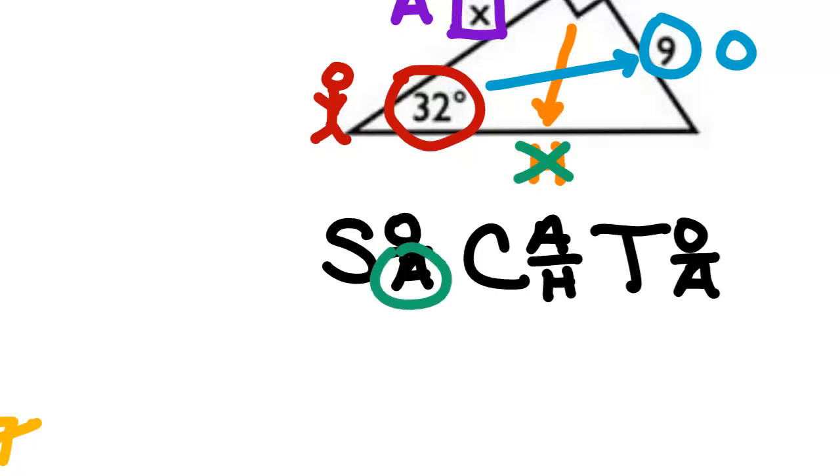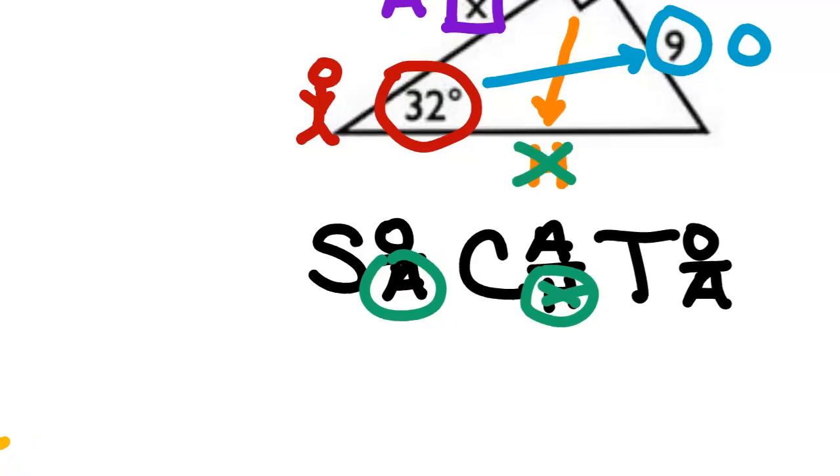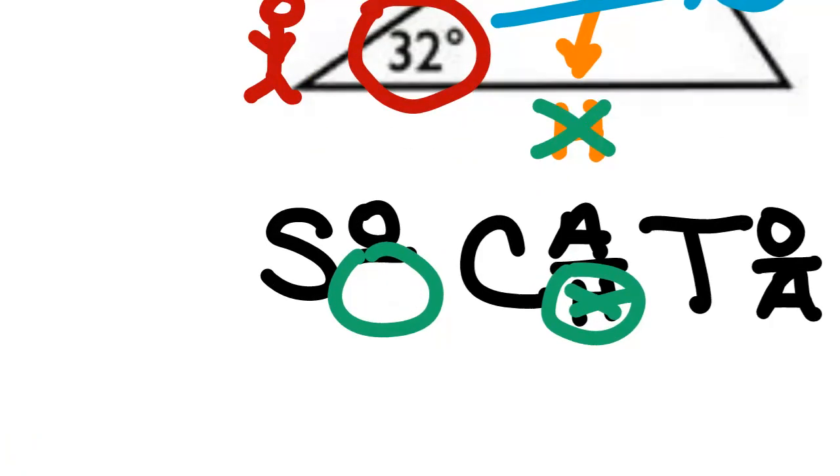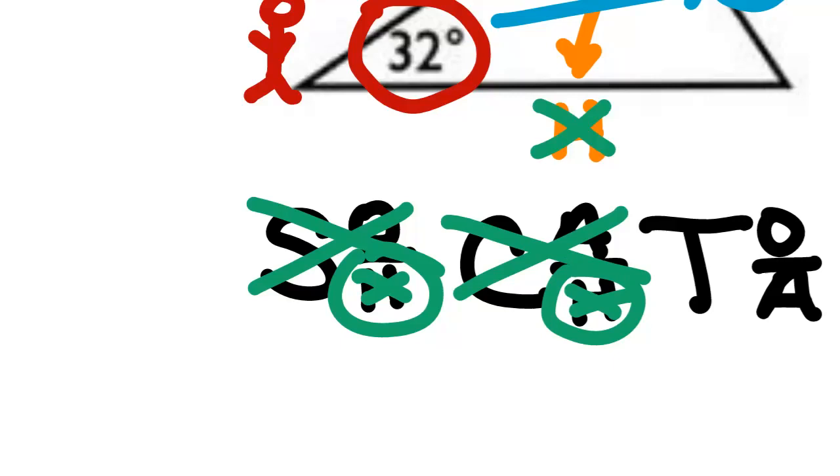Sine and cosine. We can't use anything that uses the hypotenuse because we don't have the hypotenuse. So we're going to have to use tangent.